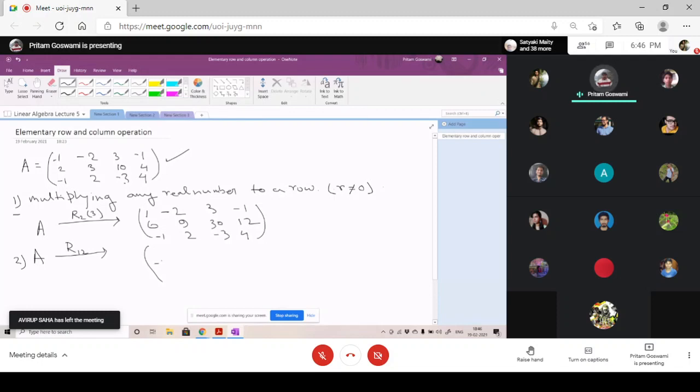The first row becomes the second row: minus 1, minus 2, 3, minus 1. The second row becomes the first row: 10, 4, and so on. The third row stays the same. Similarly, for a column operation, you will write C12, which means interchanging the places of the first column and the second column.